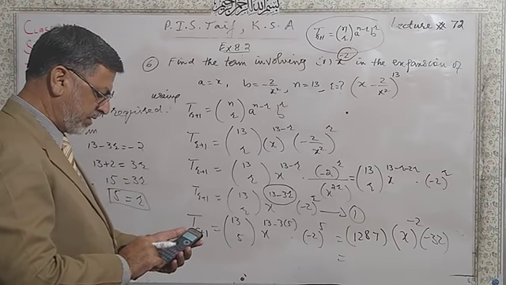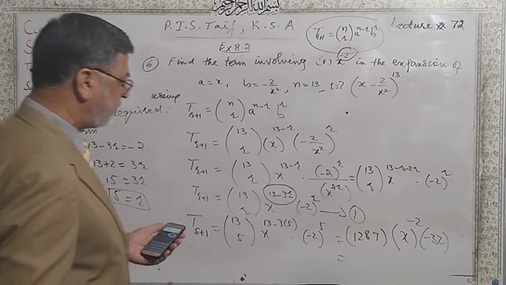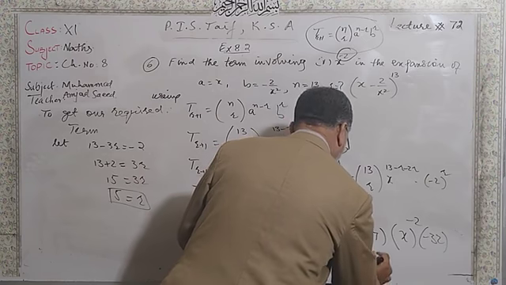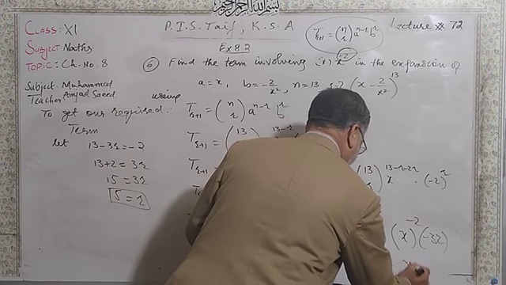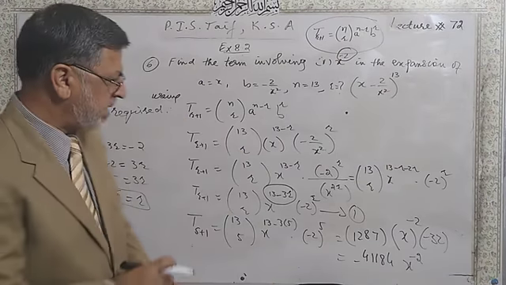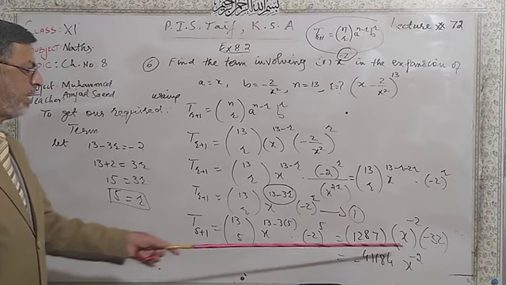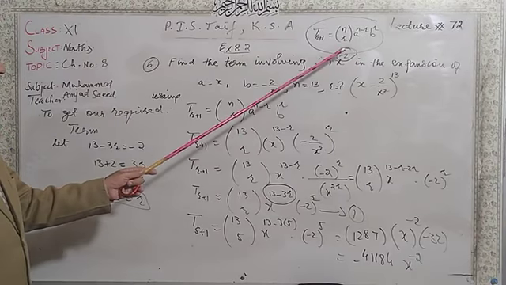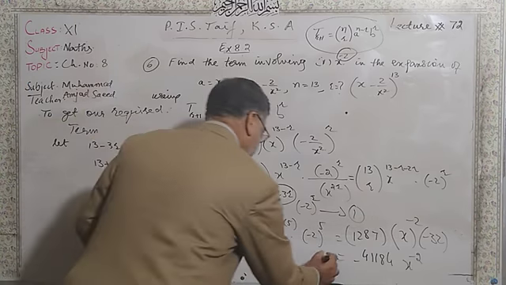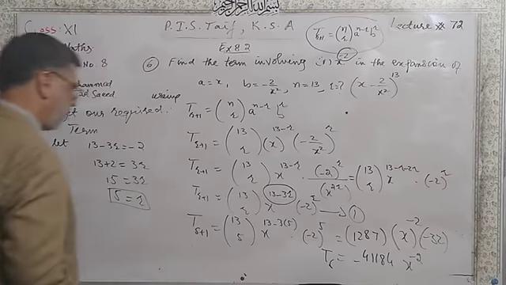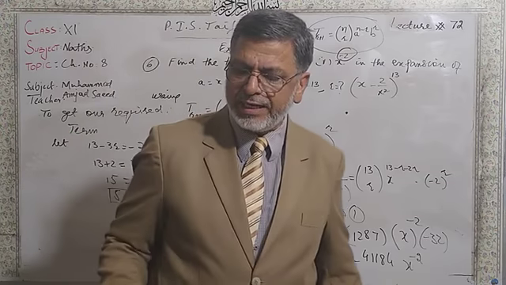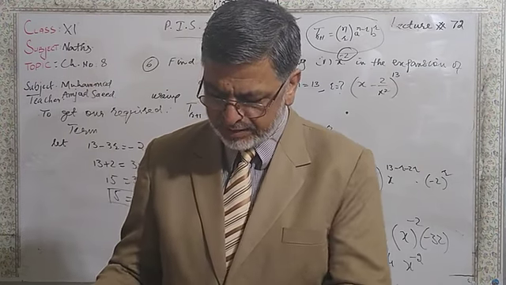So multiplied by 32, we have minus 41184 x power minus 2. So dear students, this is the term involving x minus 2. Actually this is T5 plus 1, T6. So in this way, you can have your answer.